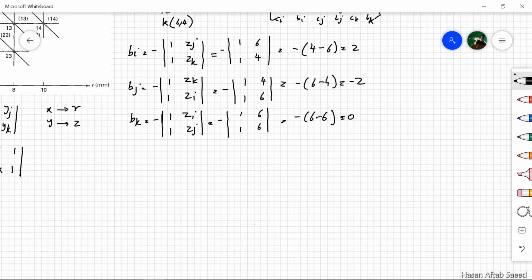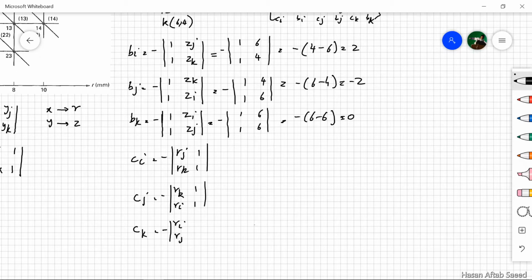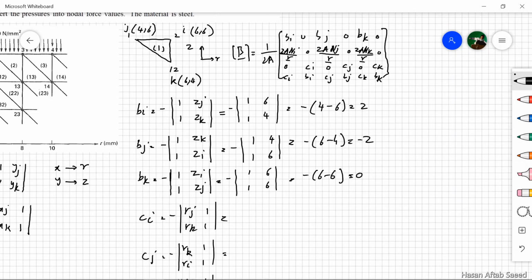Now we come to the C's. Ci will be minus the determinant of Rj Rk, 1 1, Cj is equal to minus Rk Ri, 1 1, and Ck is equal to minus Ri Rj, 1 1. Values you can see from the diagram.